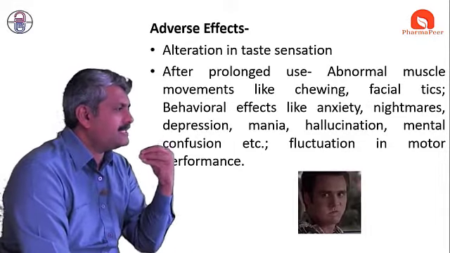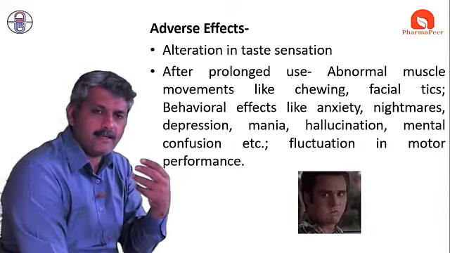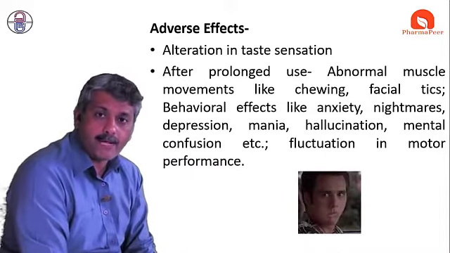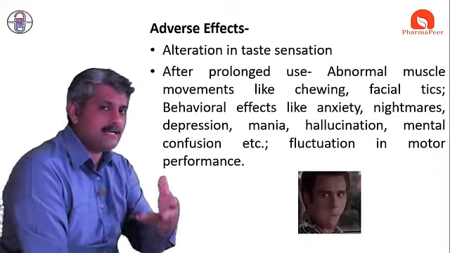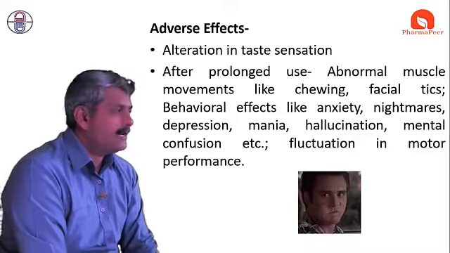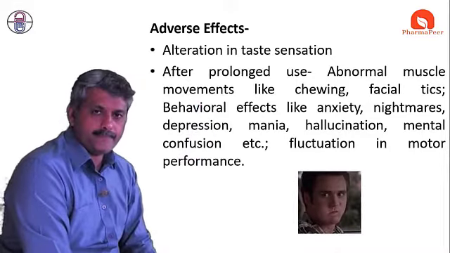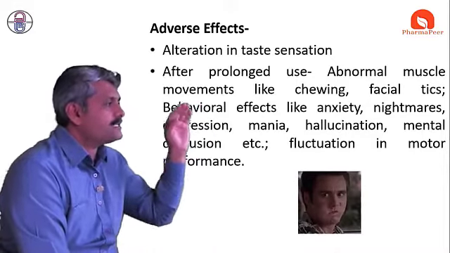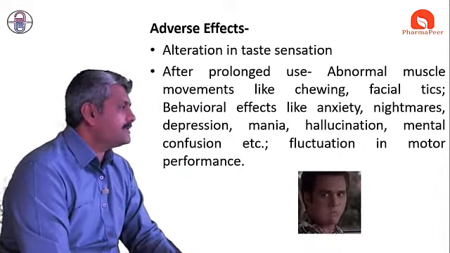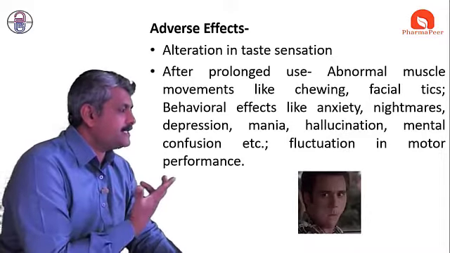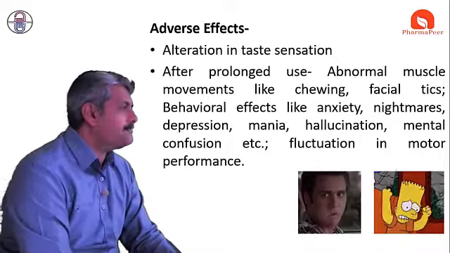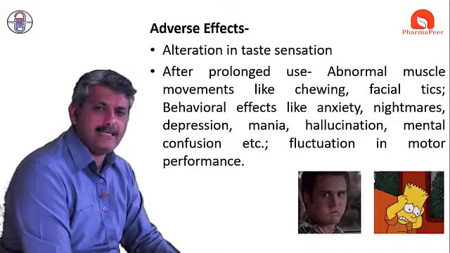In his mouth something seems to be there, and someone could say that he has a tobacco chewing habit or another chewing habit. But it is not a habit, it is because of the muscle movement. This abnormal muscle movement gives symptoms like a chewing muscle effect, as well as facial tics, and behavioral effects like sometimes unknowingly, unnecessarily having anxiety.